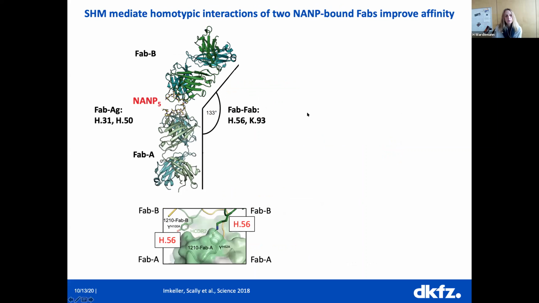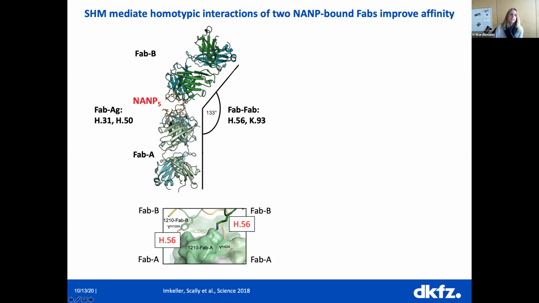And so we collaborated with Jean-Philippe Julien, a structural biologist at the University of Toronto and the Hospital for Sick Children. And Steve Scully in his lab obtained a co-crystal structure of one of our antibodies with an NANP5 peptide here. And you see in this co-crystal 2 Fab fragments actually bound to this peptide here, one on the top and one on the bottom here.